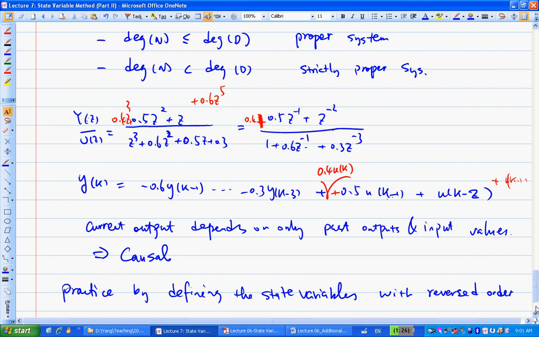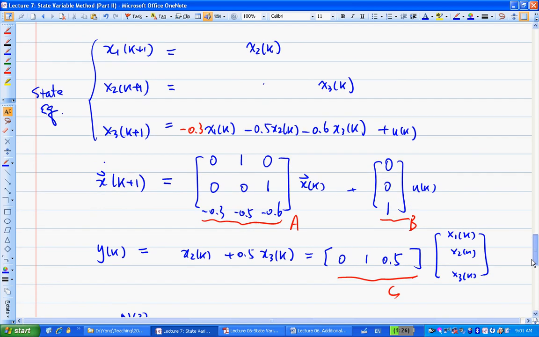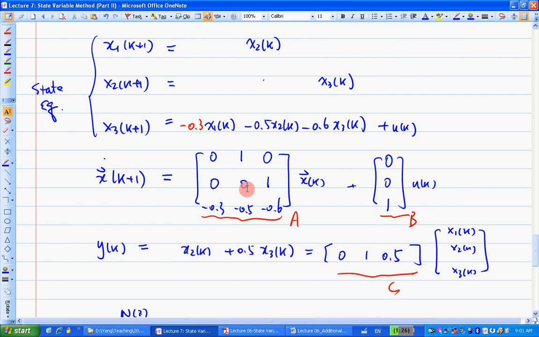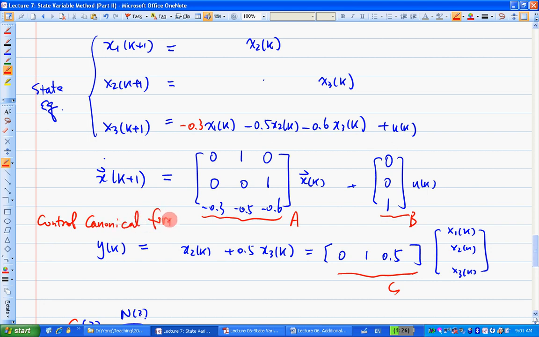So one more word on what was derived here. It's called the control canonical form. The approach we used, drawing the simulation diagram and defining the state variables, ends up with a state space model whose matrices are in the so-called control canonical form.